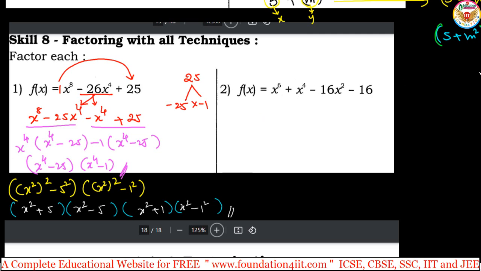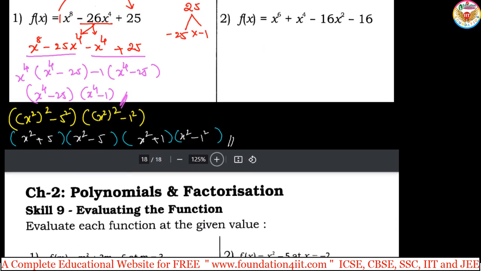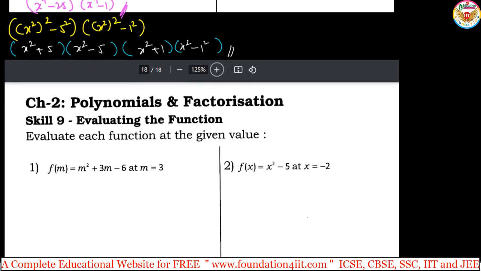We did this using the previous skill that you can apply. Okay, next we have another type in this page. In the previous 16 or 17 pages you can do the same concept, like factorization. Next we have the last 3 pages regarding simplification by substituting the value. Okay, here f of m is equal to m power 2 plus 3m minus 6 at m equal to 3. When m is equal to 3 we have to simplify.